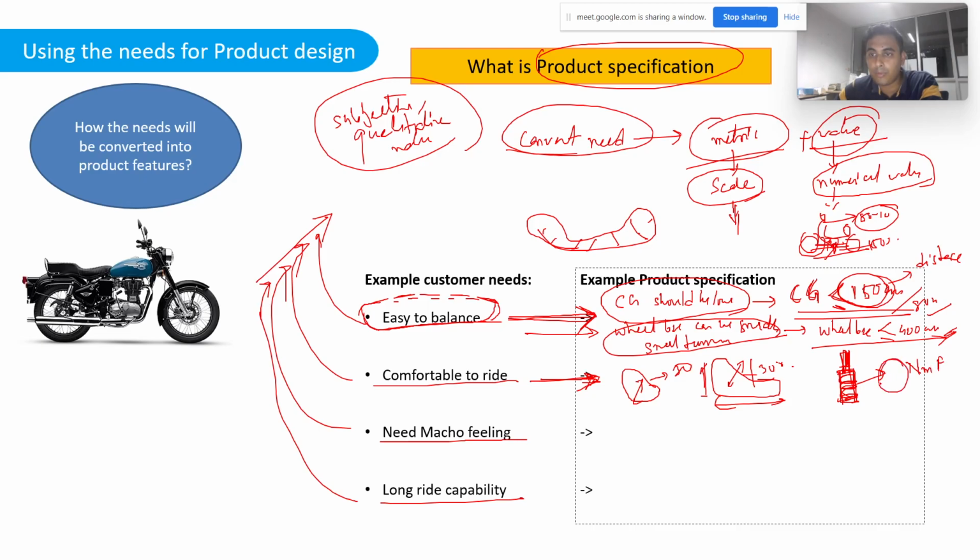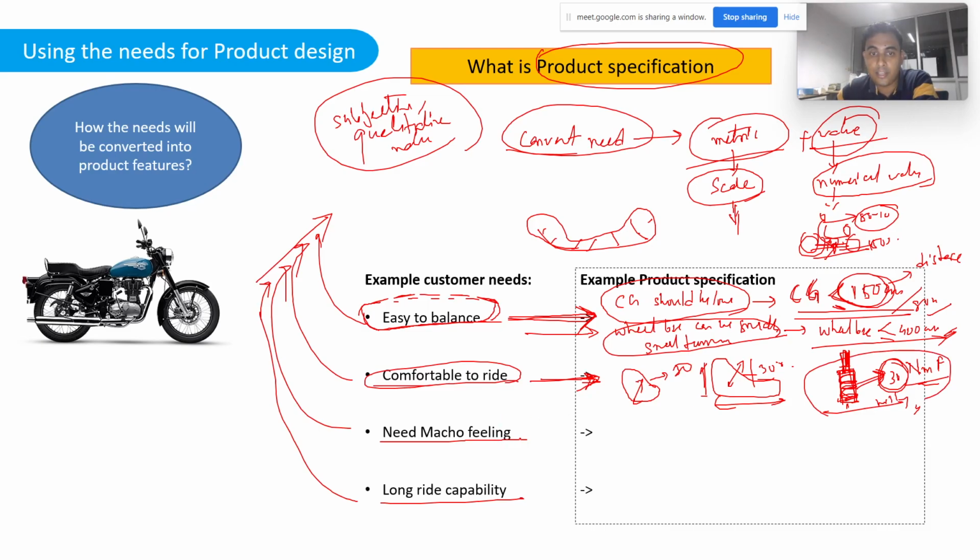So you may have to arrive at a certain value. I don't know exactly, but for example, 30 Newton meter force is required to get comfort in a hilly area. So this is again how you are converting your needs to quantitative measures.